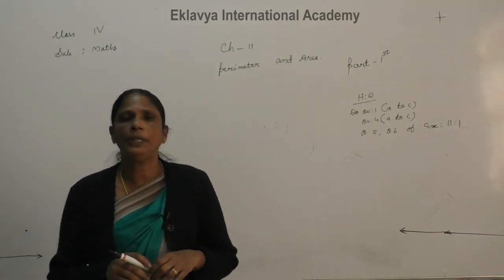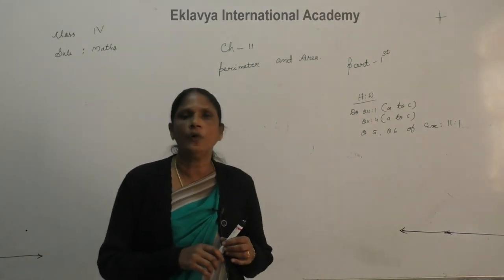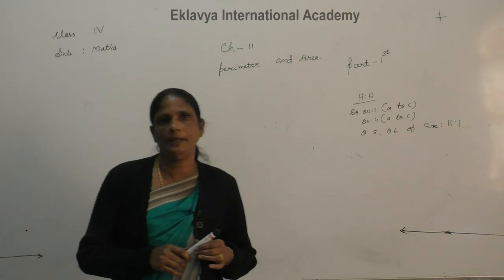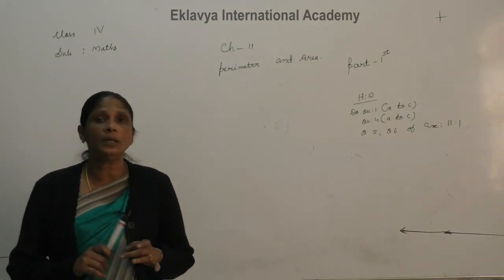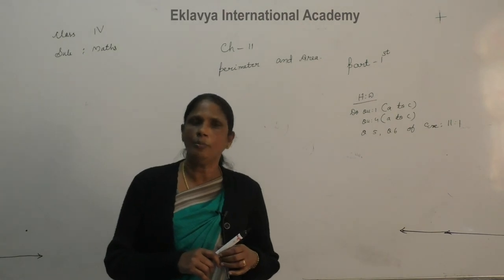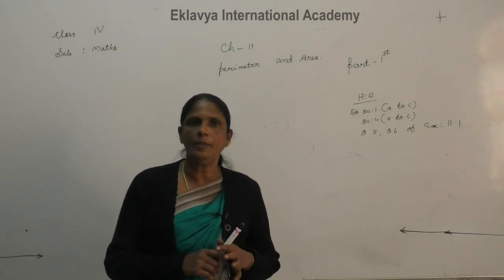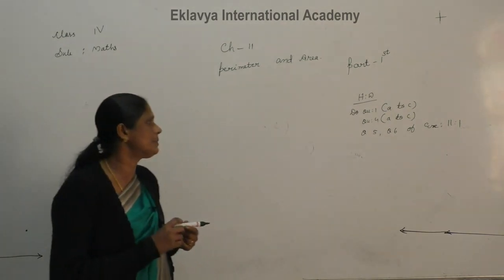Then perimeter of square is equal to 4 multiply side. Then perimeter of rectangle is equal to 2 multiply L plus B. L means length, B means breadth.